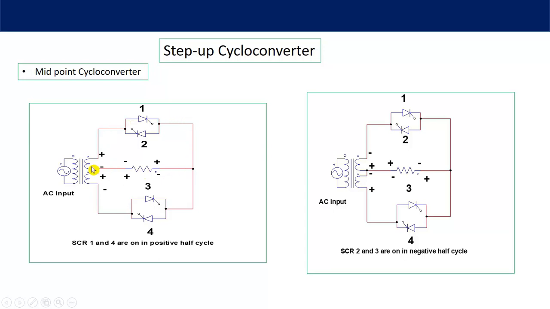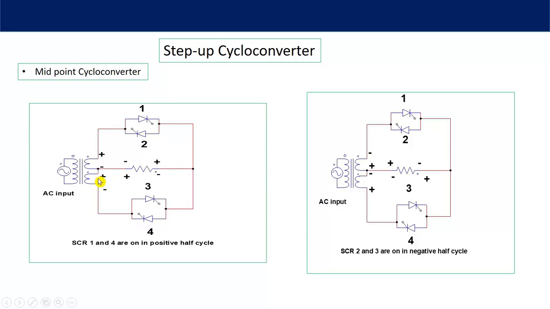Then we want negative output voltage for the same polarity. Then what we have to do? See here. If we are making our thyristor number 4 on, then current will flow in this direction. So the polarity of output voltage here is positive, here negative.